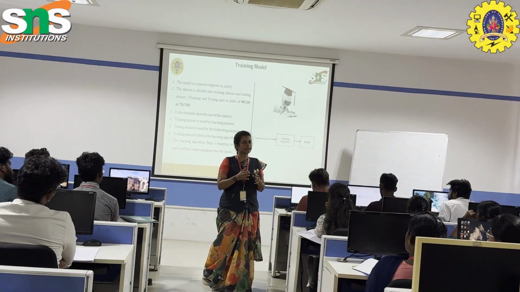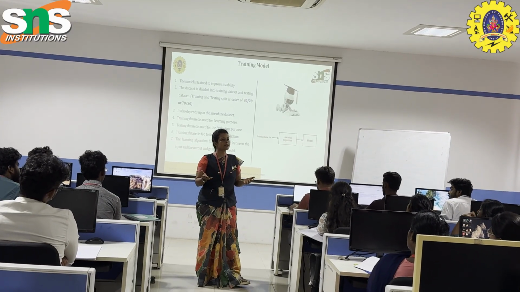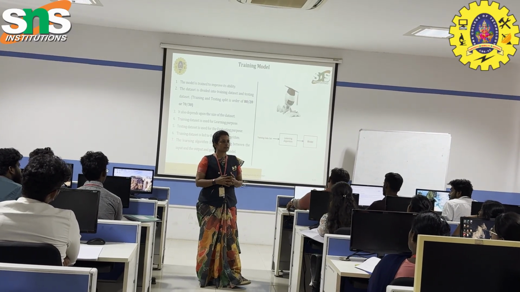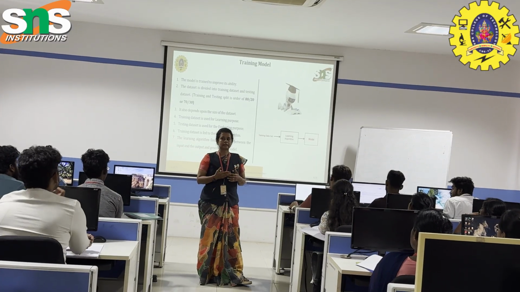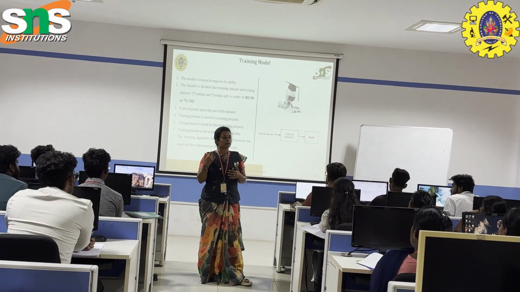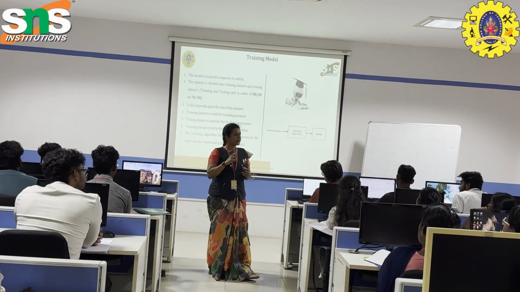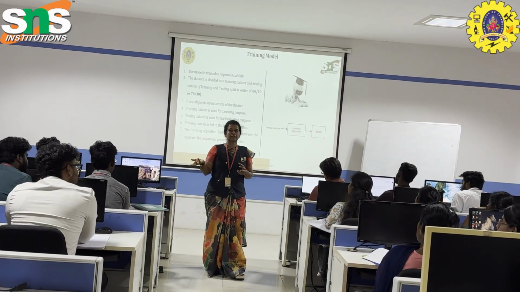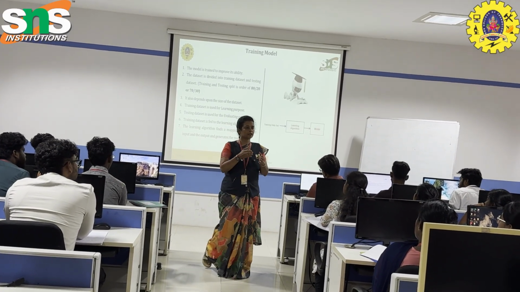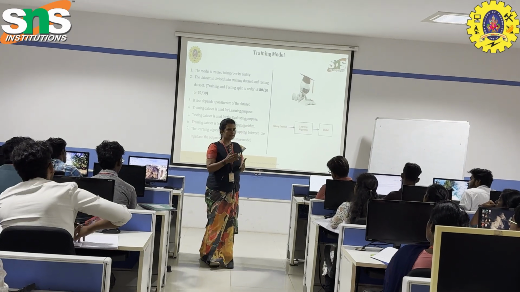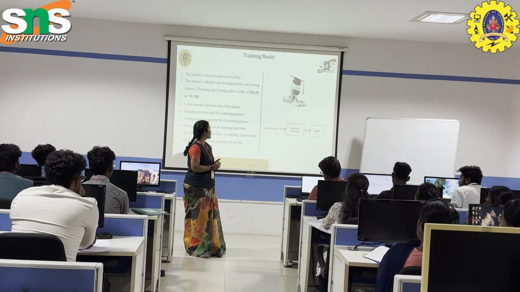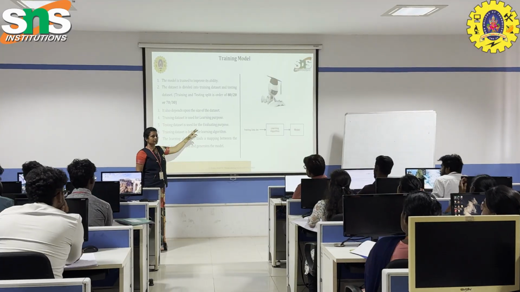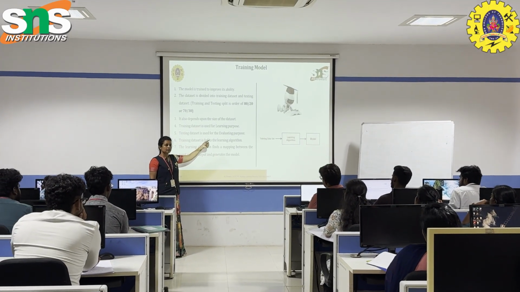Why do we need to divide the data set into training and test? We need to practice the machine. We are giving the data set to be learned by the machine. That's why we divide the data set into training and testing samples. What ratio is given to training and testing?